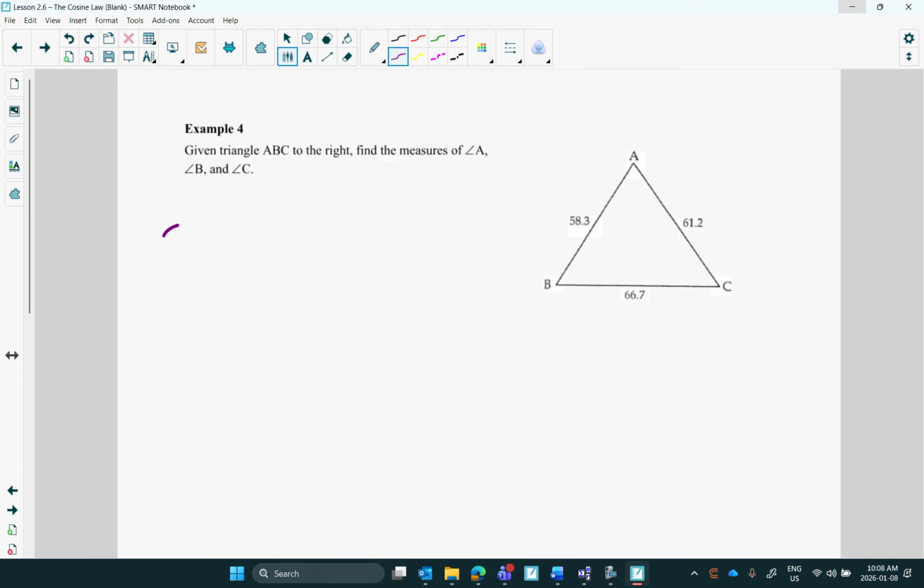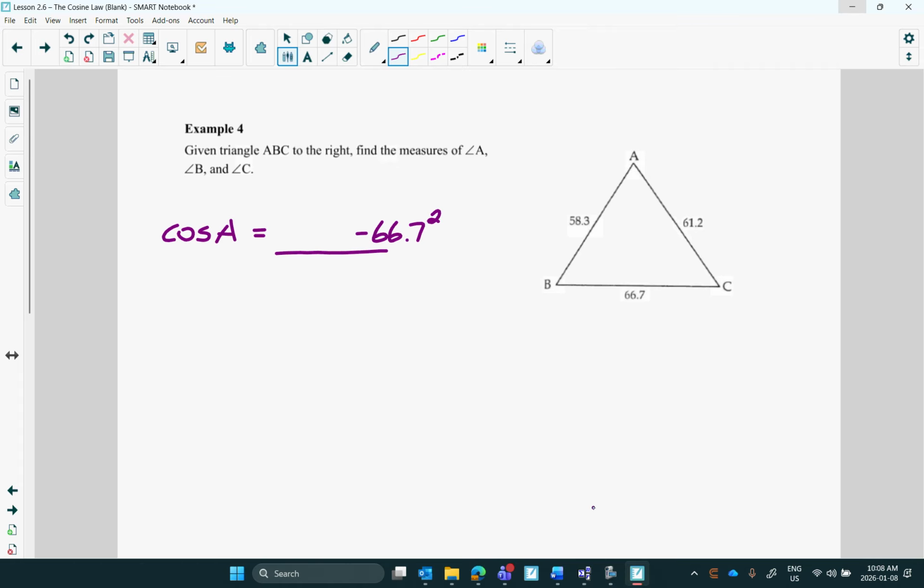So using that formula, the cosine of A will be, well, what's the side opposite angle A? That goes at the end, being squared and subtracted.